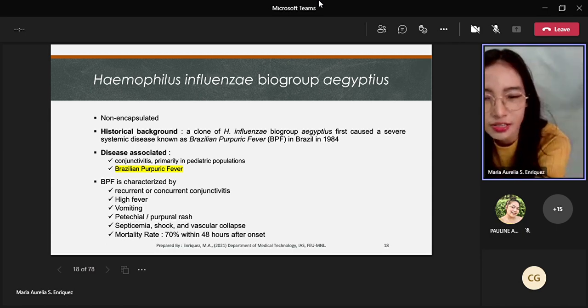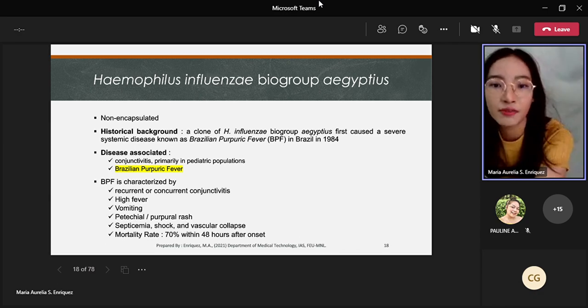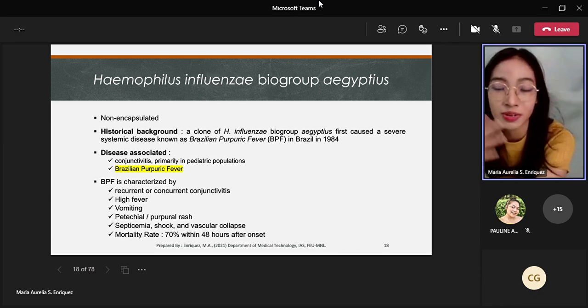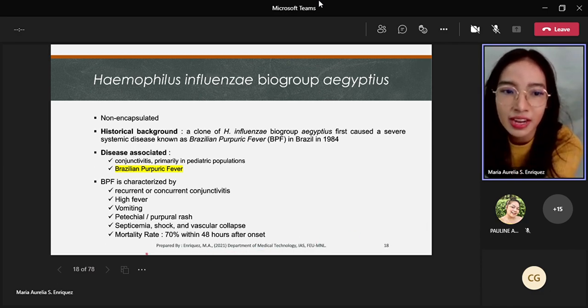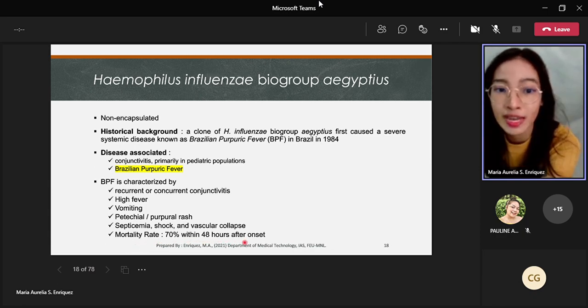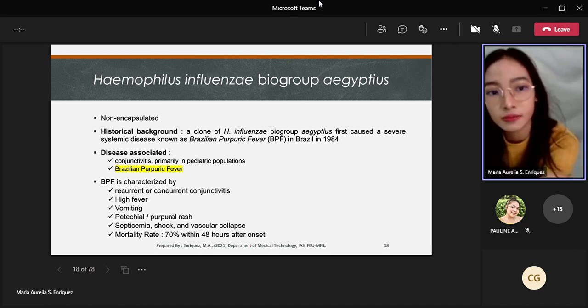This is the causative agent of Brazilian purpuric fever, and its symptoms include recurrent conjunctivitis plus high fever and rashes, and this could progress to septicemia and vascular collapse. So medyo mataas yung mortality rate in untreated patients. Mortality rate could reach up to 70% within 48 hours of onset.